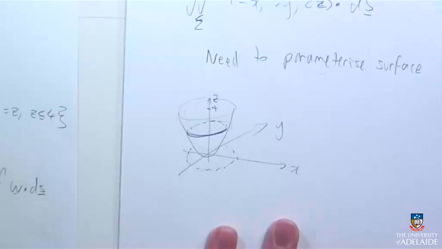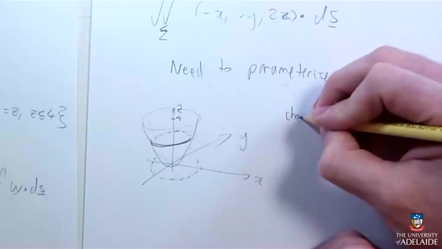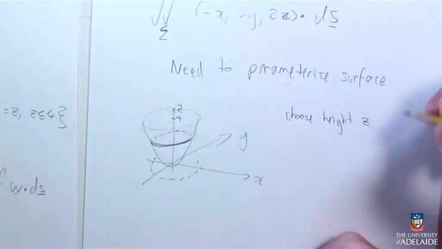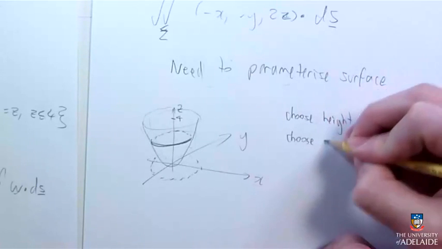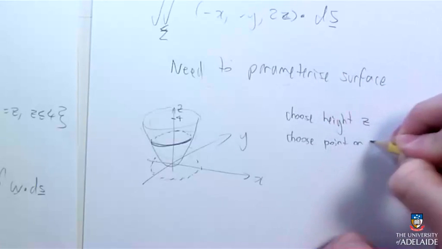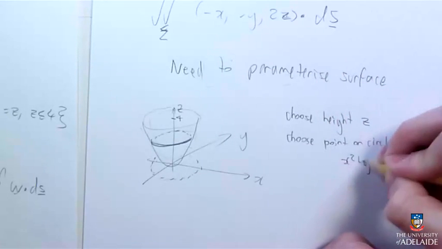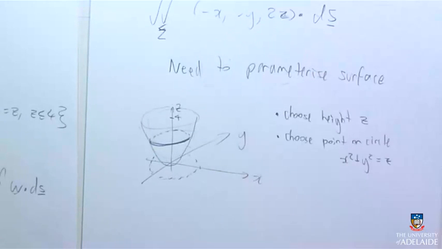So what I can do to choose every point on that surface is I can choose a height, which would be z, and then I can choose a point on the circle x squared plus y squared equals z. That's my story of how I choose my point on this surface.